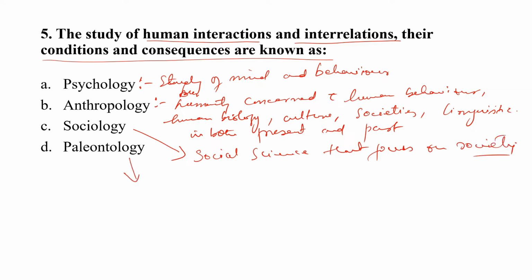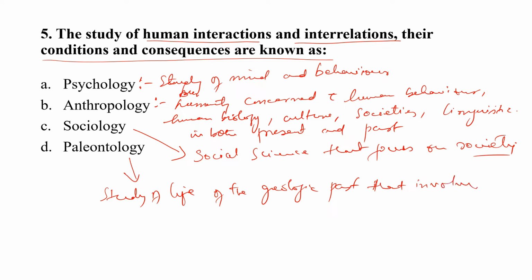And then paleontology is the scientific study of life of the geologic past that involves analysis of plants and animal fossils. So the correct option here is option C, which is sociology.